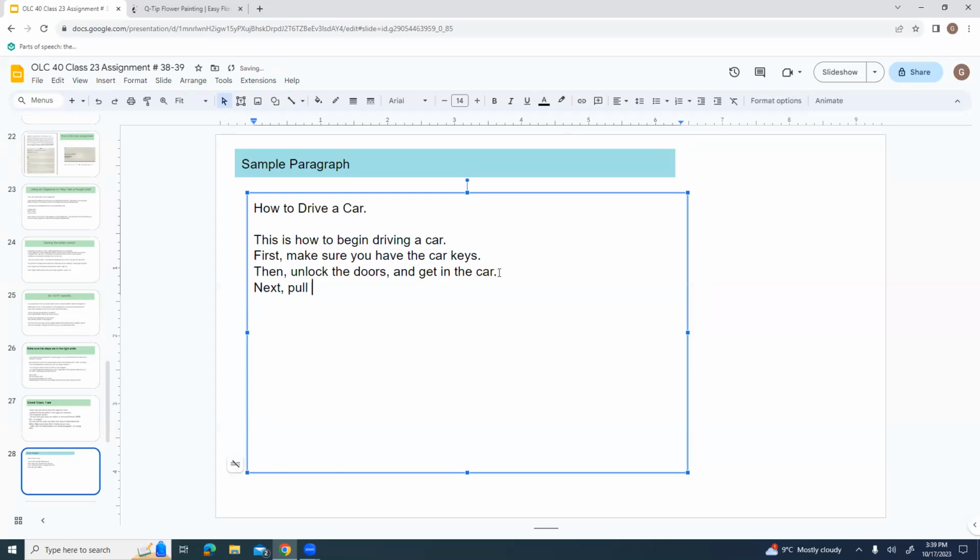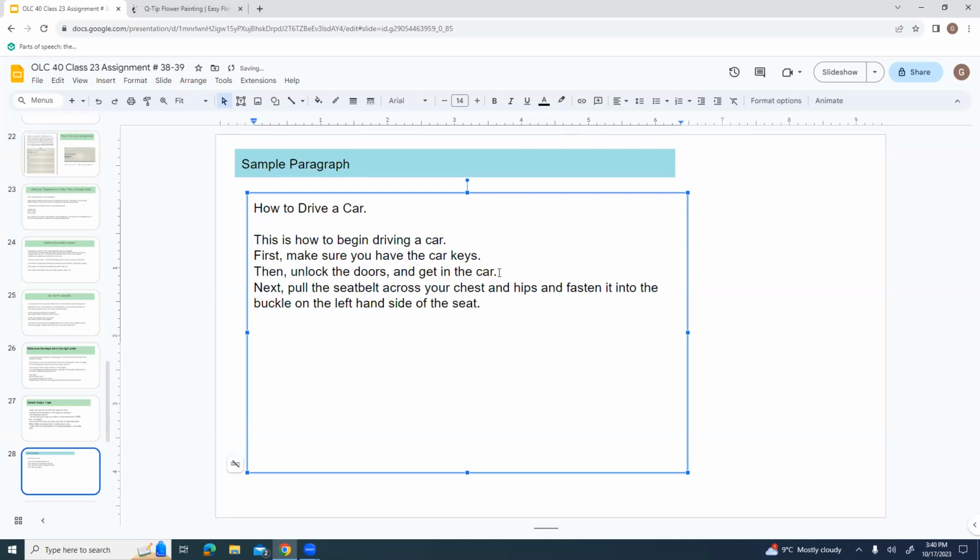Pull the seat belt across your chest and hips and fasten it into the buckle on the left-hand side of the seat.